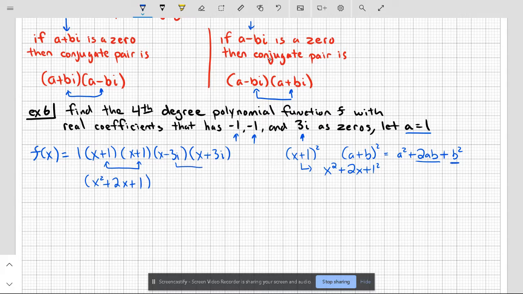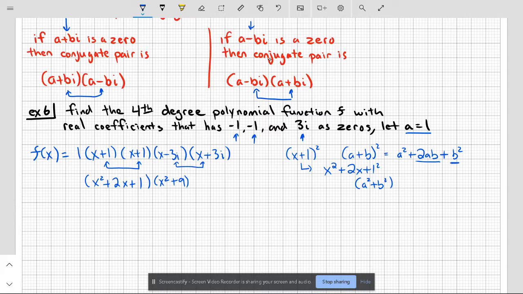And remember our complex conjugate? Hopefully you still remember, it's going to be a squared plus b squared, since we have the difference. Okay, so here our a will be x, so it's going to be x squared, and then our b will be the 3, so we have plus 9.